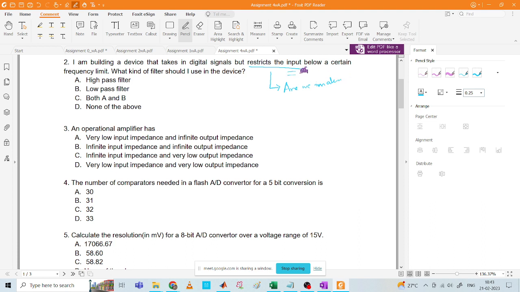What it actually means is that whatever input is there below a certain frequency limit, you are only allowing it to pass. For example, if you have some frequency spectrum which looks like this, you are allowing only this portion to pass. Now this is possible only through a low pass filter.